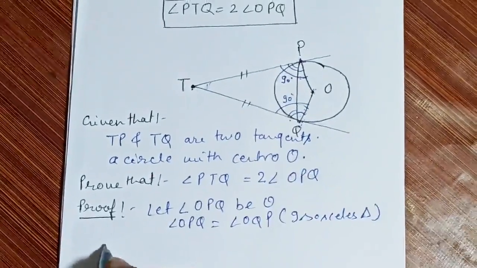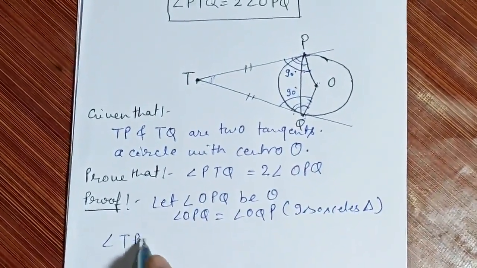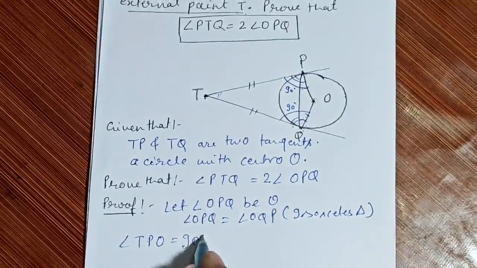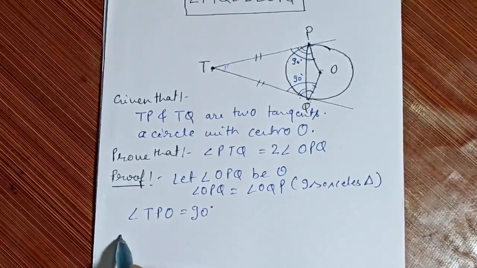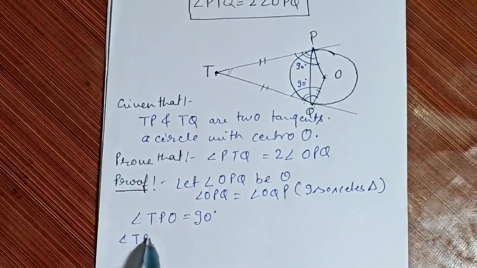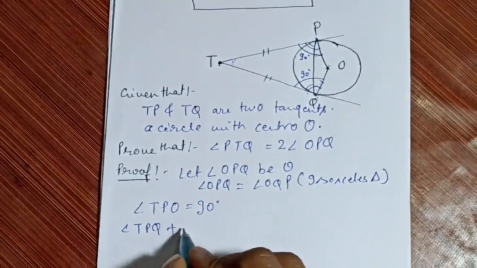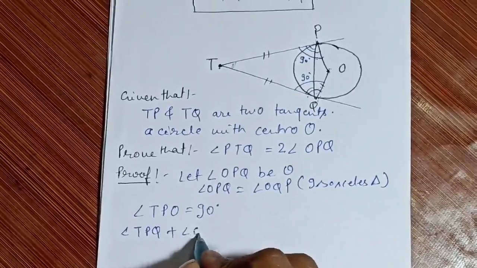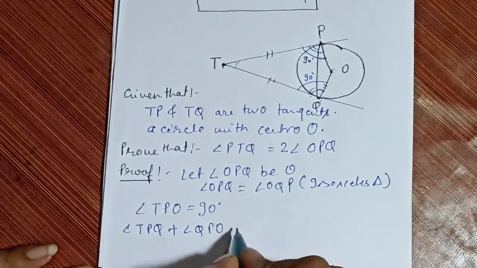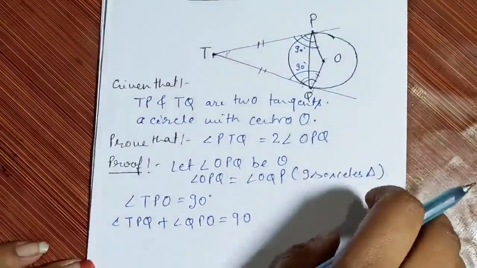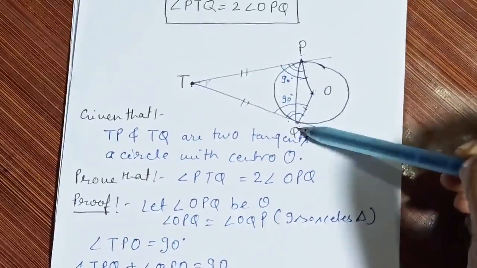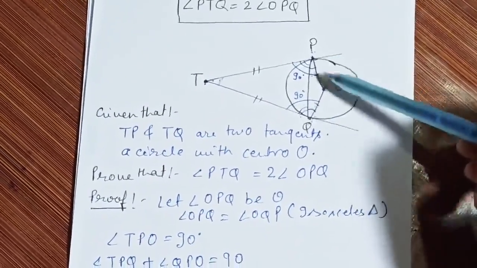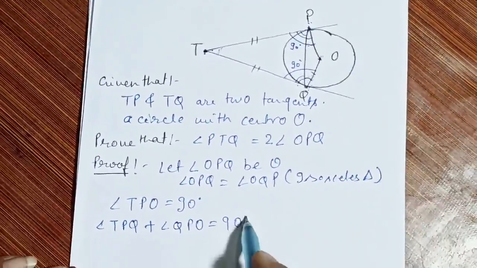So angle TPO equals 90 degrees. Now, angle TPQ plus angle QPO equals 90 degrees. Just notice one thing: TPQ plus QPO equals 90 degrees.